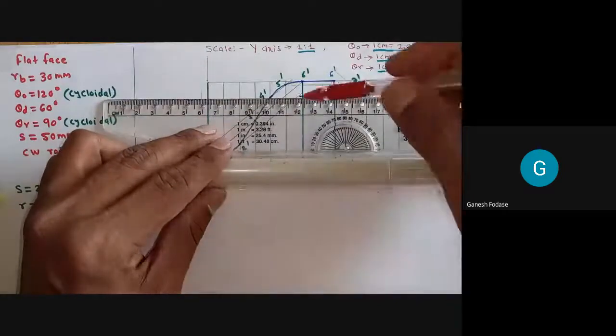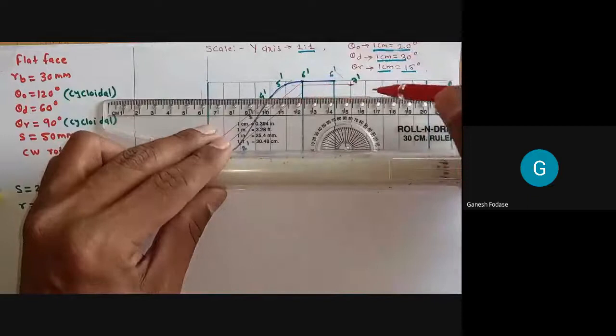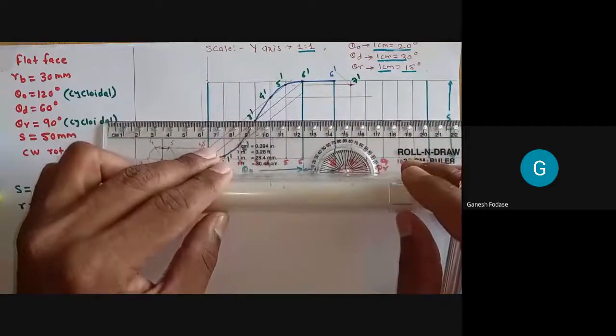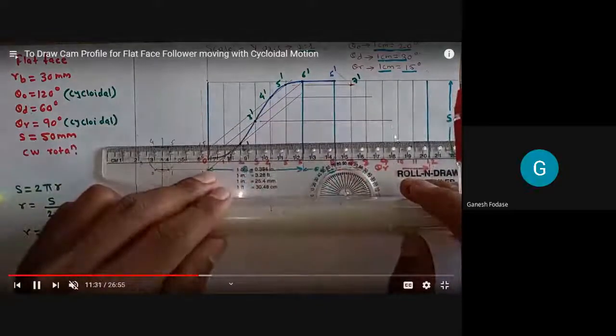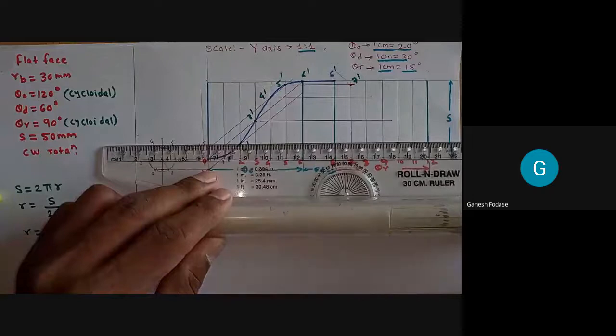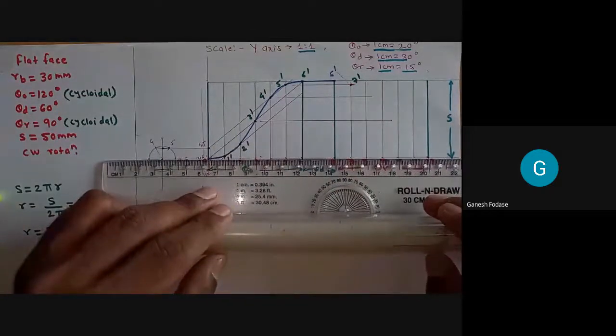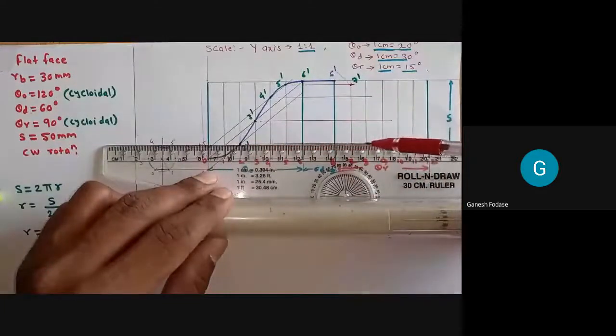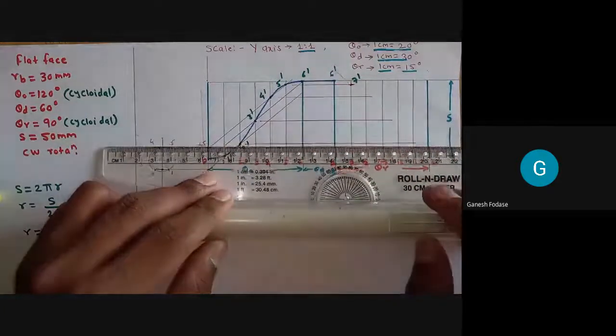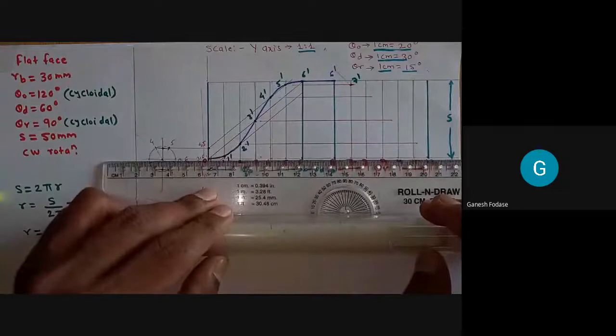Now which point do you obtain? Which will be the next point here? 8 dash, 9 dash, 10 dash, and so on. So likewise, project these points horizontally up to the corresponding vertical projections. Like this.